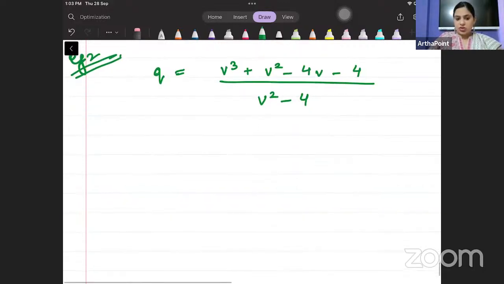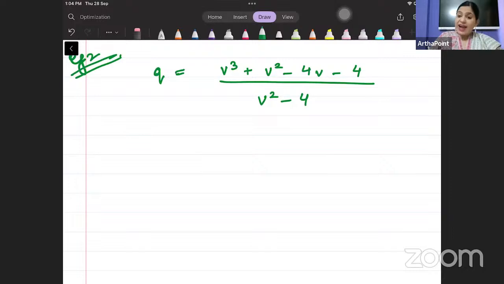And it is asking you to check whether this function is continuous or not.